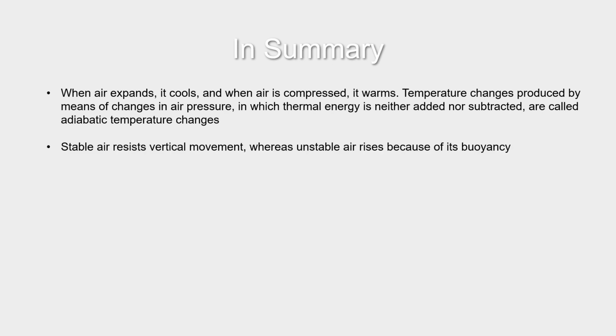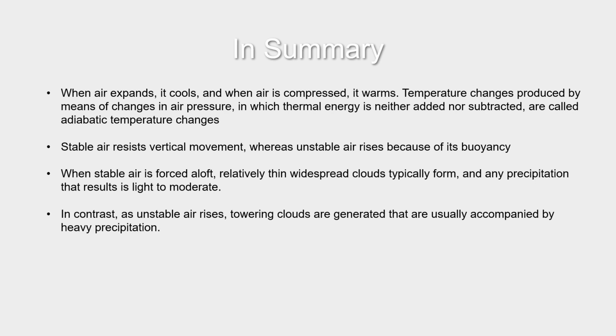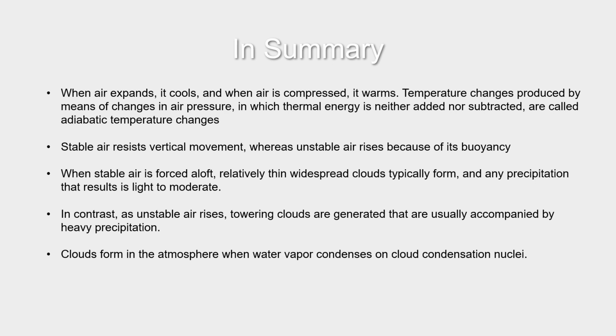Stable air resists vertical movement, whereas unstable air rises because of its buoyancy. When stable air is forced aloft, relatively thin widespread clouds typically form, and any precipitation that results is light to moderate. In contrast, as unstable air rises, towering clouds are generated that are usually accompanied by heavy precipitation. And clouds form in the atmosphere when water vapor condenses on cloud condensation nuclei.